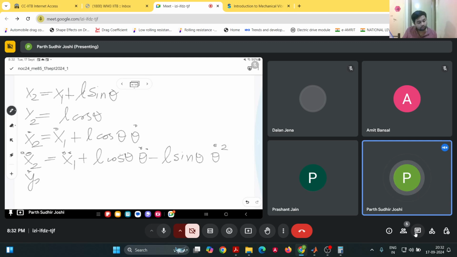Similarly, y2 dot will be minus L sin theta theta dot, and y2 double dot will be minus L cos theta into theta dot squared minus L sin theta theta double dot.